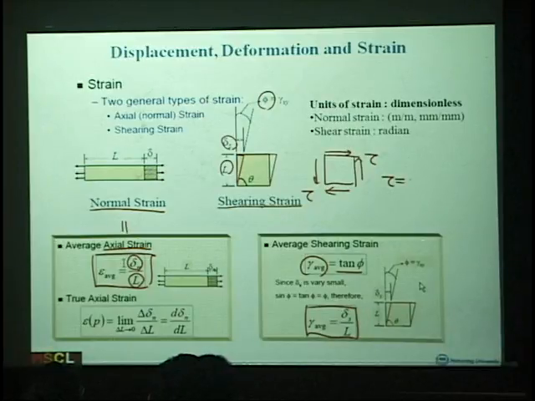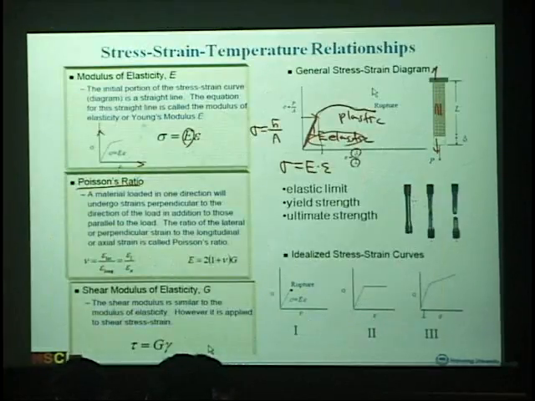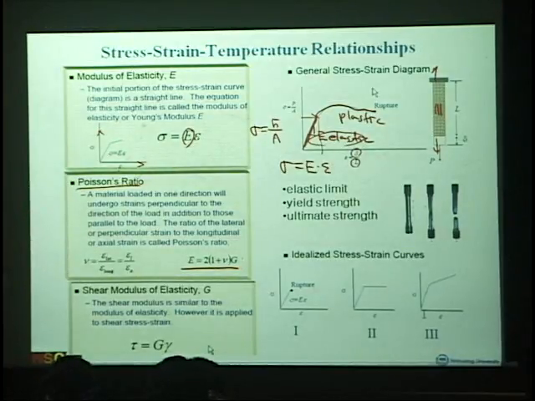So tau is defined as G times gamma. That is the shear modulus, very similar to stress E times epsilon. And this Young's modulus and this shear modulus have some relation, like that. Again, we will go through it in detail later. I just want you to review the material properties.